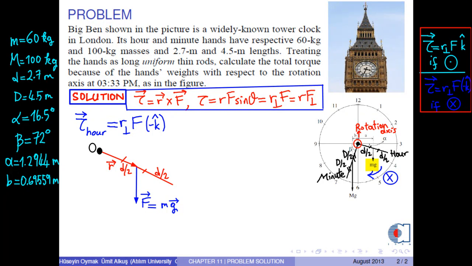Where r perpendicular is length A and F is m times g. So tau hour becomes negative A times m times g k hat. Insert the numerical values into this formula.